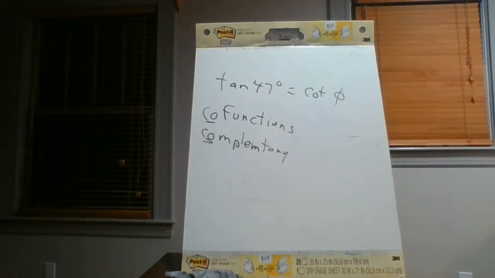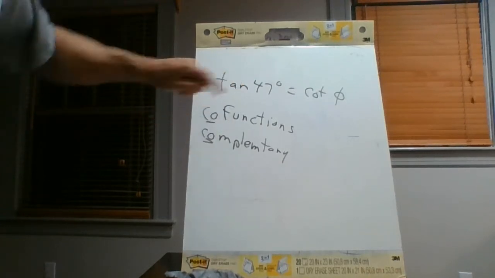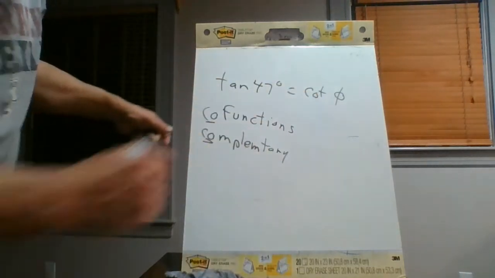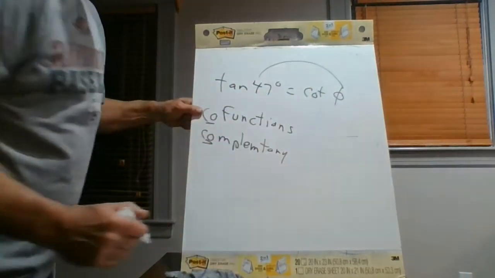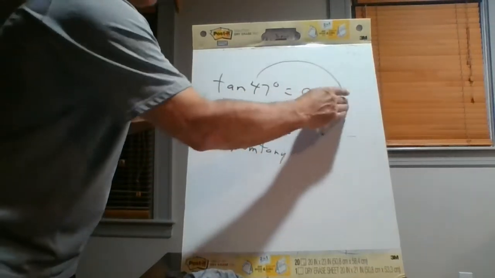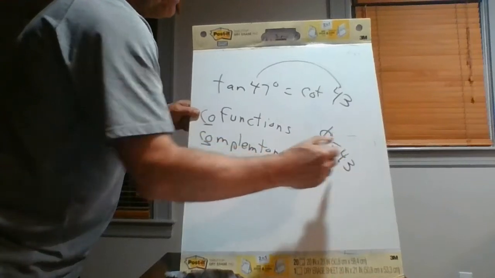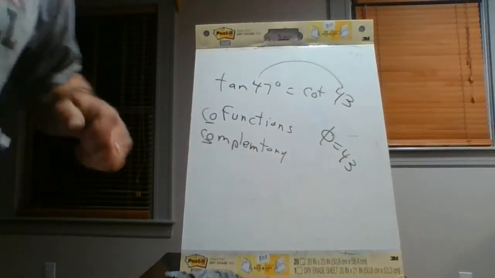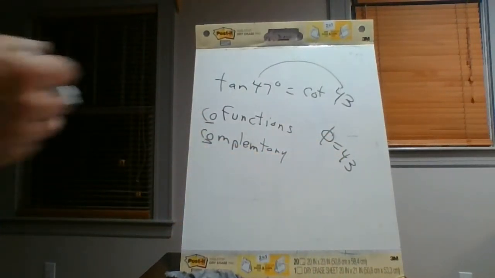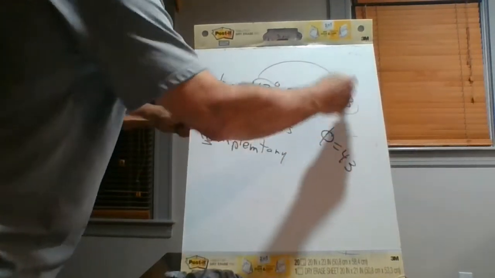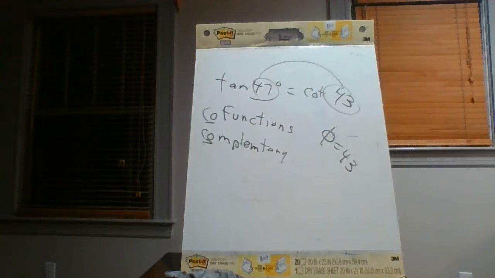If you take the trig function of one angle, like tangent, then its cofunction would be equal to it if these two angles are complementary. Simply, if it's cofunction, tangent, cotangent, then these two have to add up to 90. So 90 minus 47 is 43.